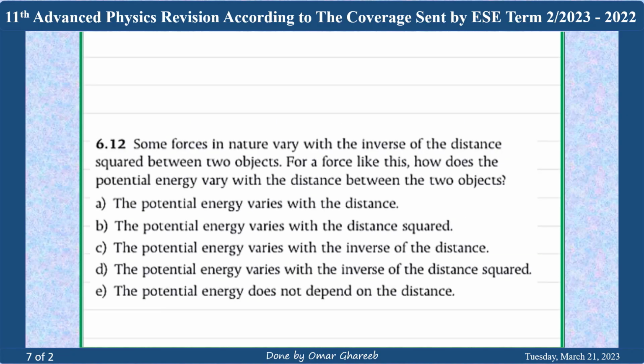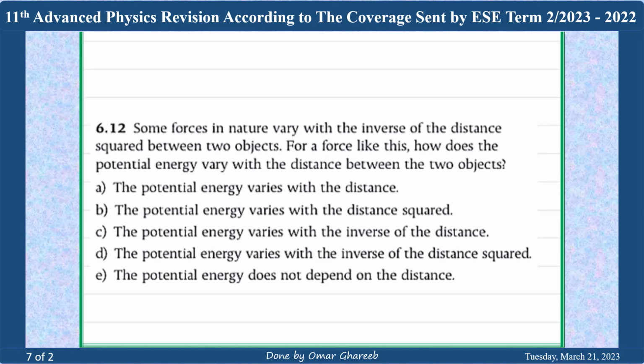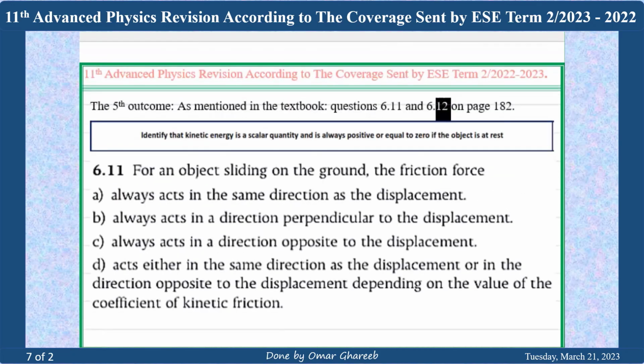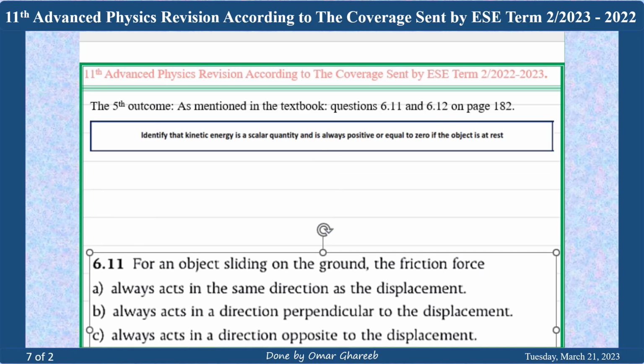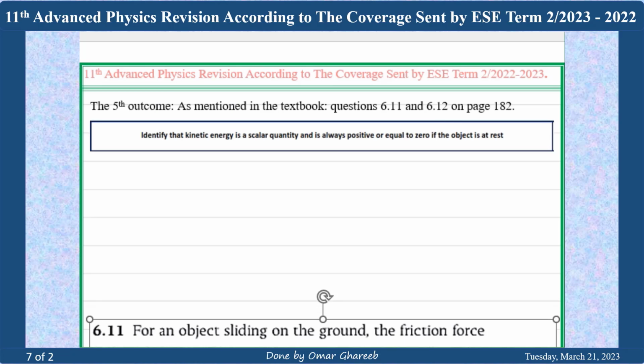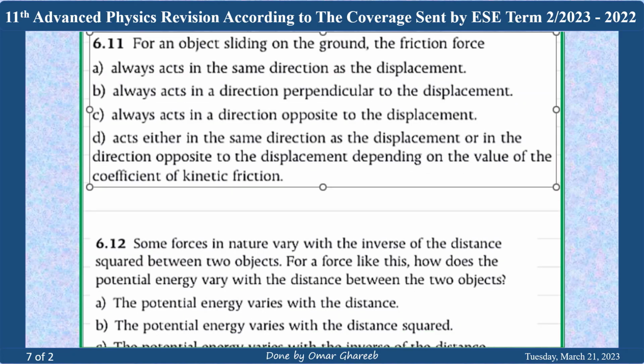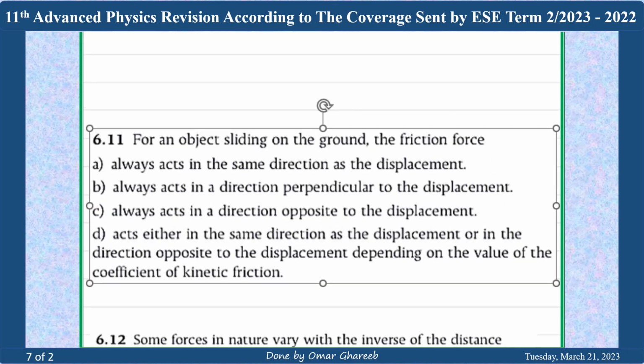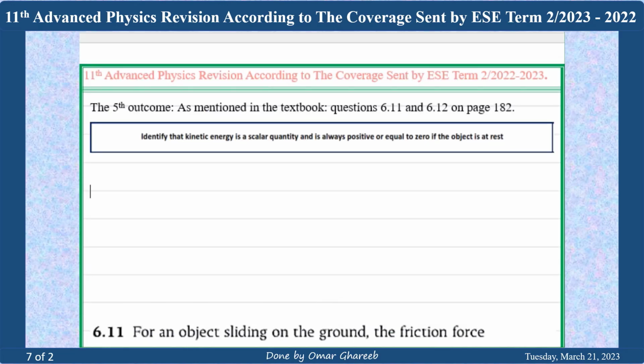But I will discuss these two questions, and I will discuss the outcome itself. So let's leave this now to discuss the outcome itself. Then I will go back to 6.11 and 6.12. Even 6.12 is not included in the material, or it is only for enrichment, but I will discuss it in case.